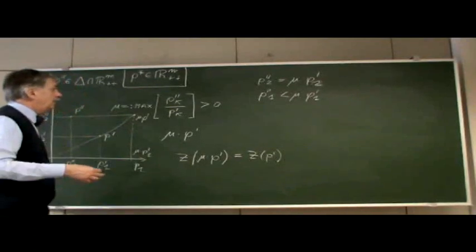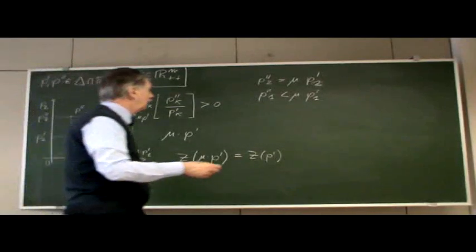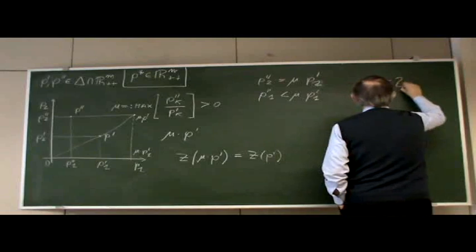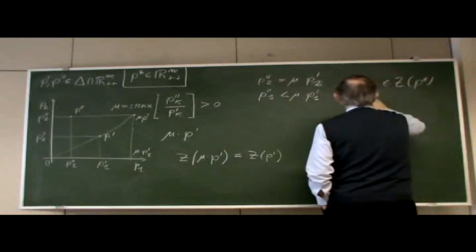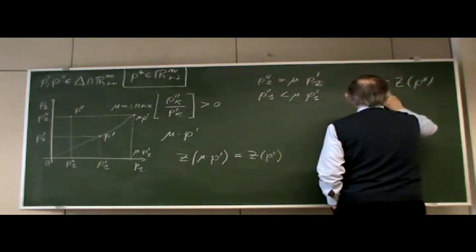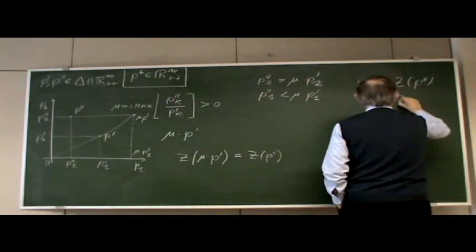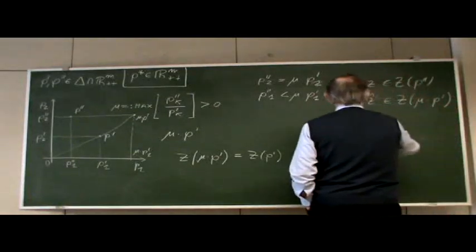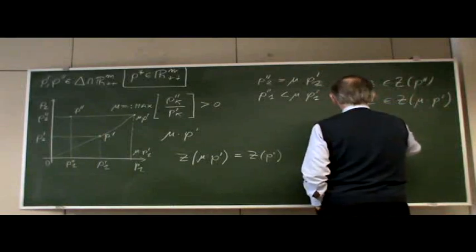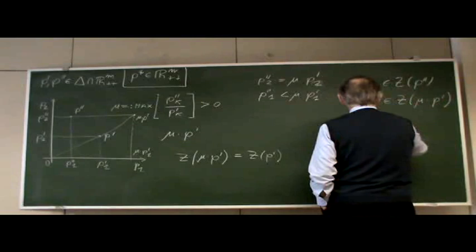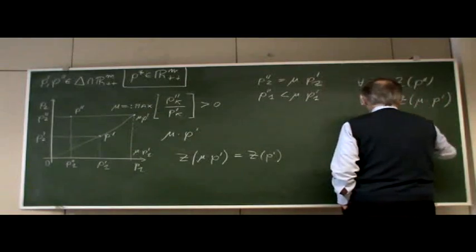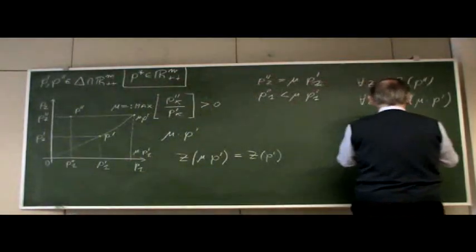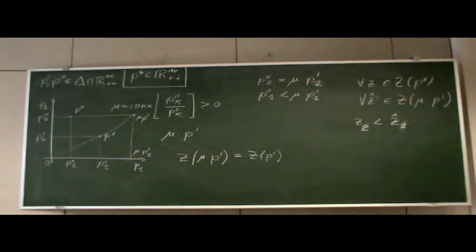So you can apply gross substitutability: for every z in z of p double prime, for every z cap in z of mu times p prime, you have that z2 must be lesser than z cap 2.